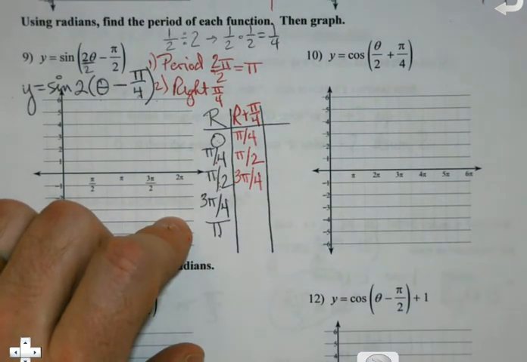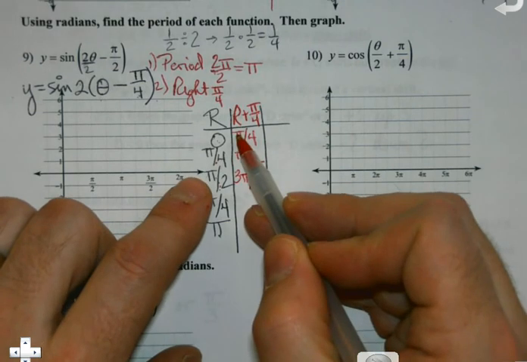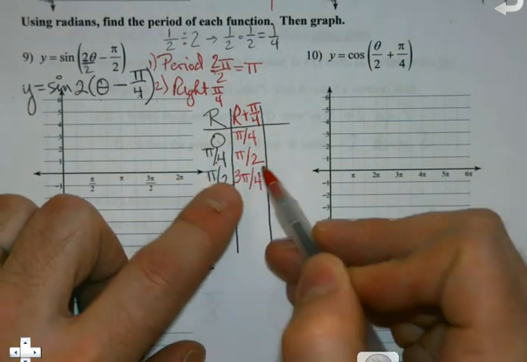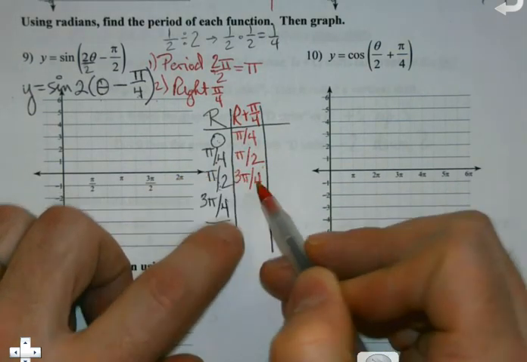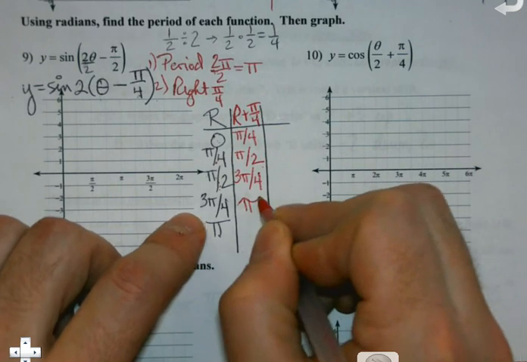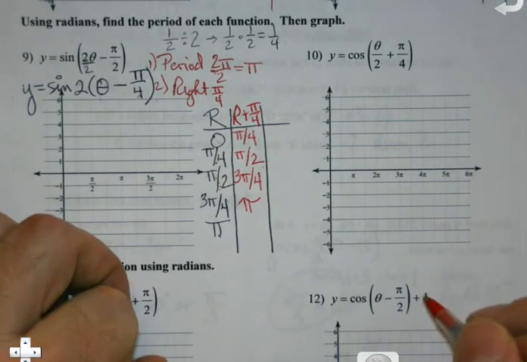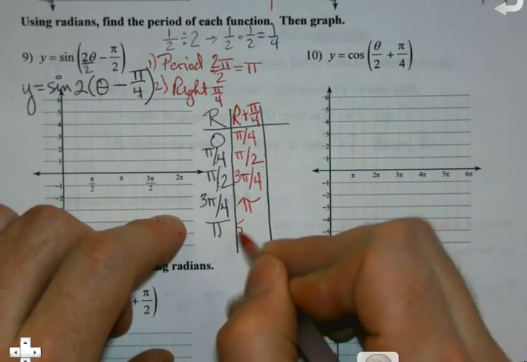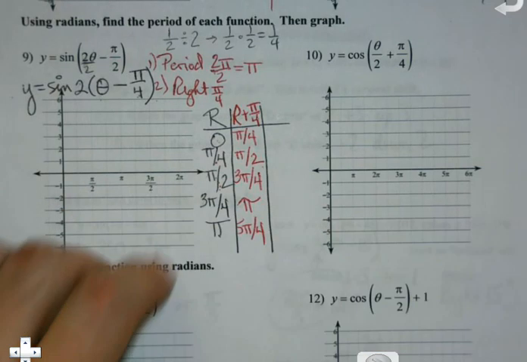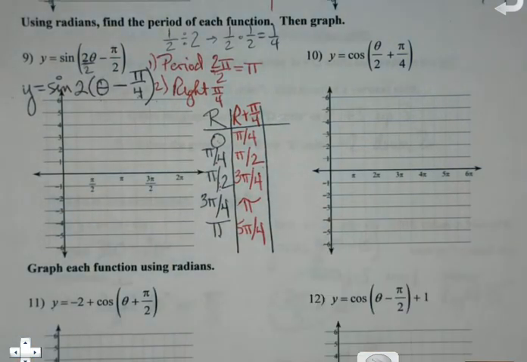And again, you'll start to see the pattern. 1 pi over 4, 2 pi over 4, but it reduces. 3 pi over 4, 4 pi over 4, or pi. And 5 pi over 4, or 1 plus 1/4.